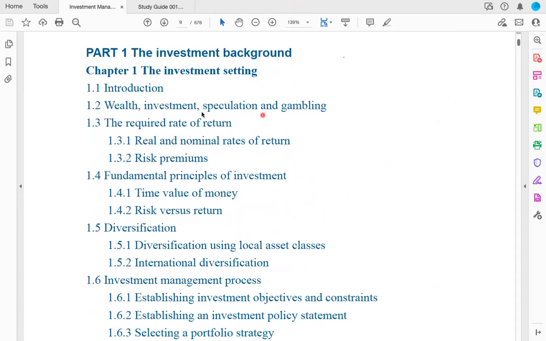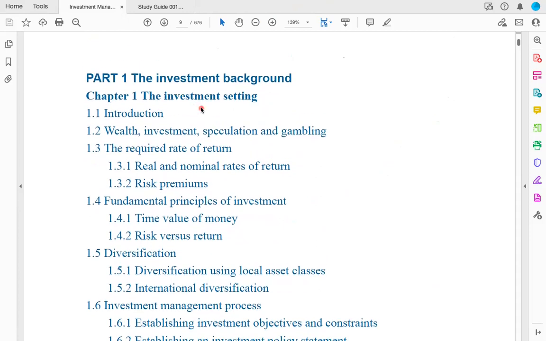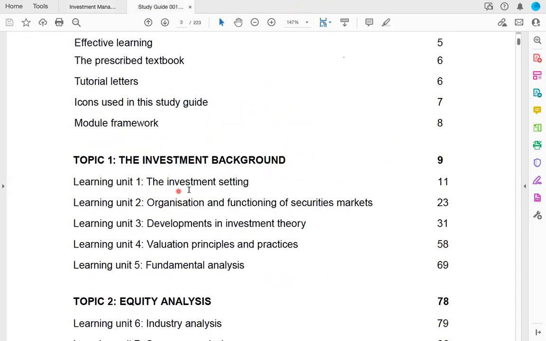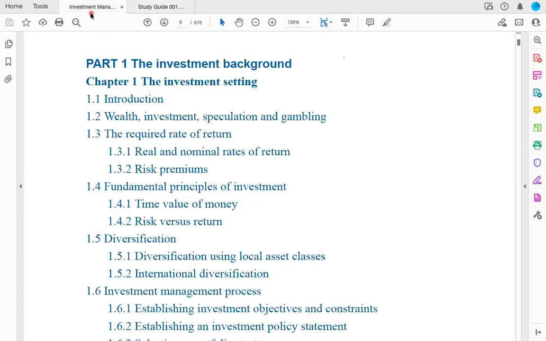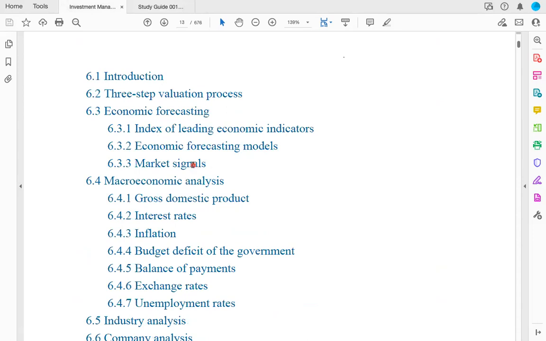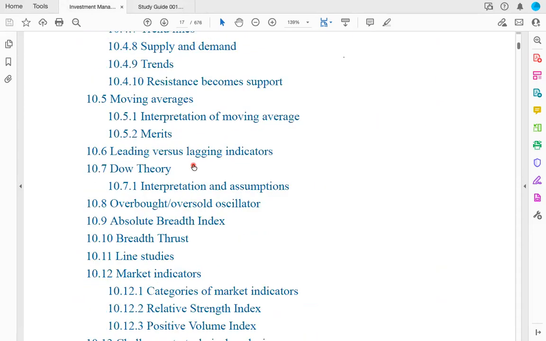In this class, I'm going to start by looking at chapter 1, which is titled The Investment Setting. In your prescribed textbook, that would be Learning Unit 1 under topic 1. So you'll find the investment setting in the first chapter of your prescribed textbook.